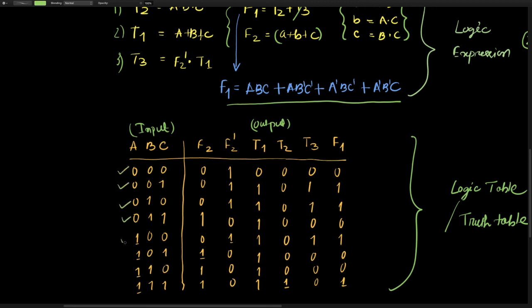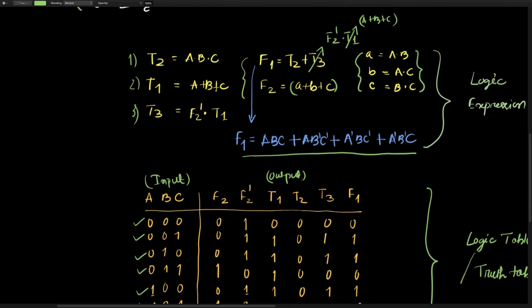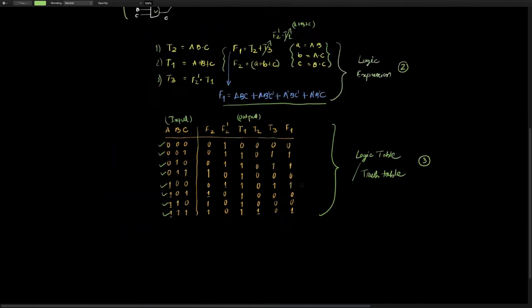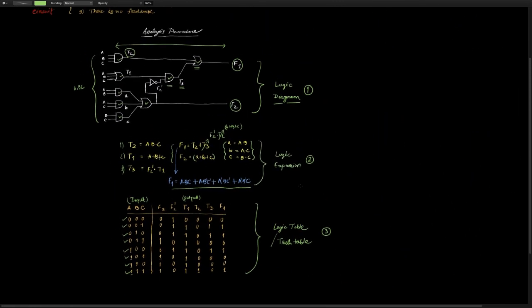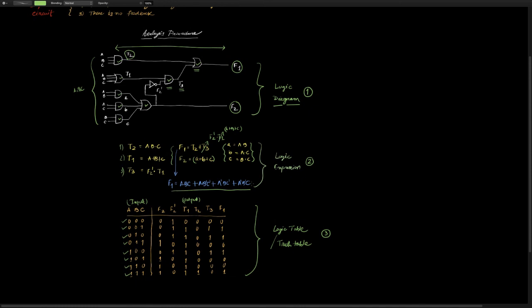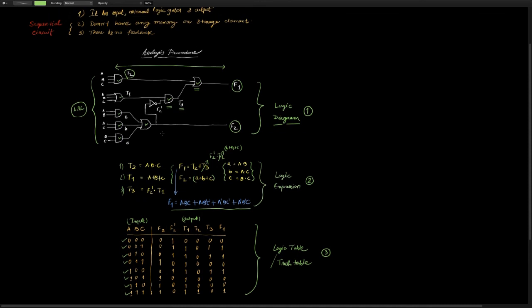For each combination you define all the outputs, and the expressions for them are given here. So this is your analysis procedure for any combinational logic that is given to you. Combinational logic simply has input and output, and there is no memory element or feedback. We call it combinational logic.